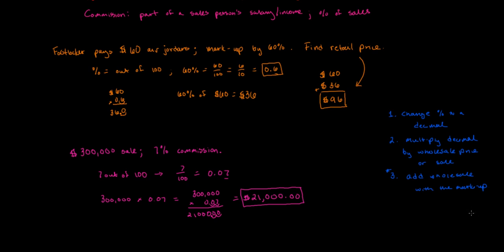And that would give you the retail price. Okay. There we go. So change percent to a decimal, multiply the decimal by the wholesale price or the sale price to get your commission or markup. And then you'll add the wholesale price with the markup in order to get your answer.